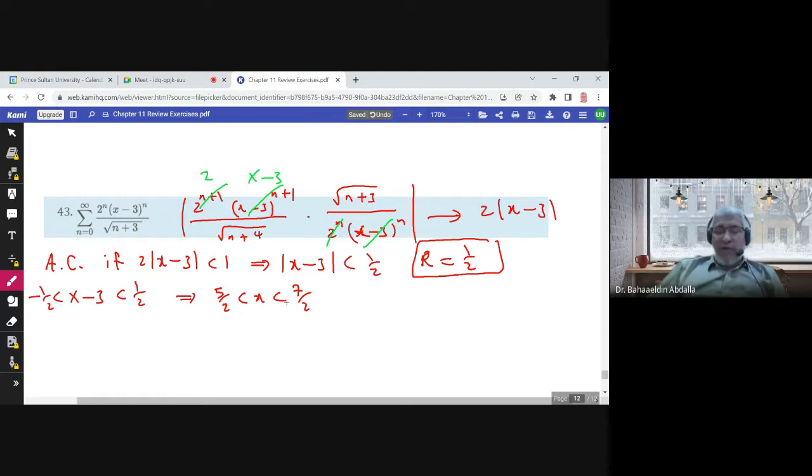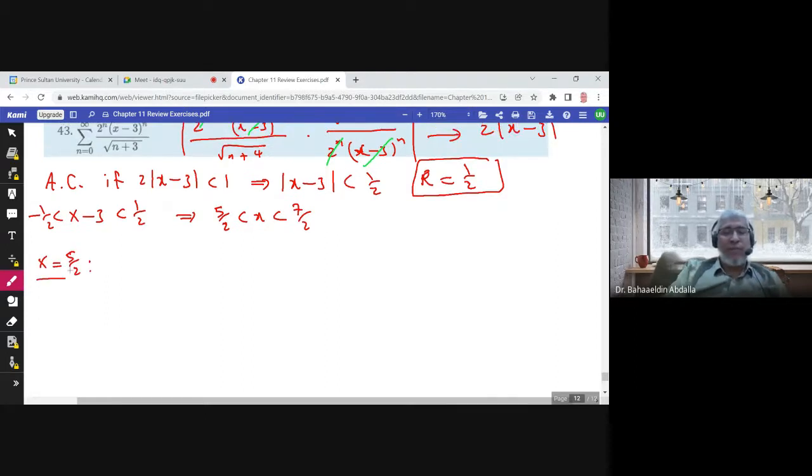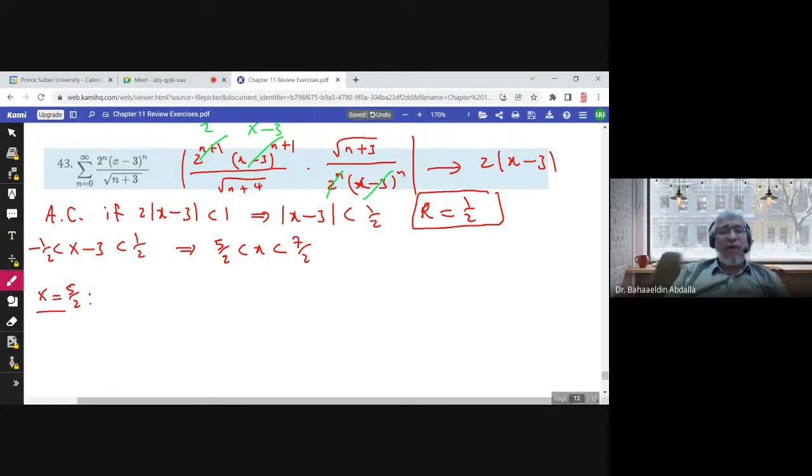So 5 over 2 and 7 over 2. And let us discuss the cases when x is 5 over 2 separately. If I put x 5 over 2, 5 over 2 minus 6 over 2, negative half to the power n. So I have negative half to the power n.